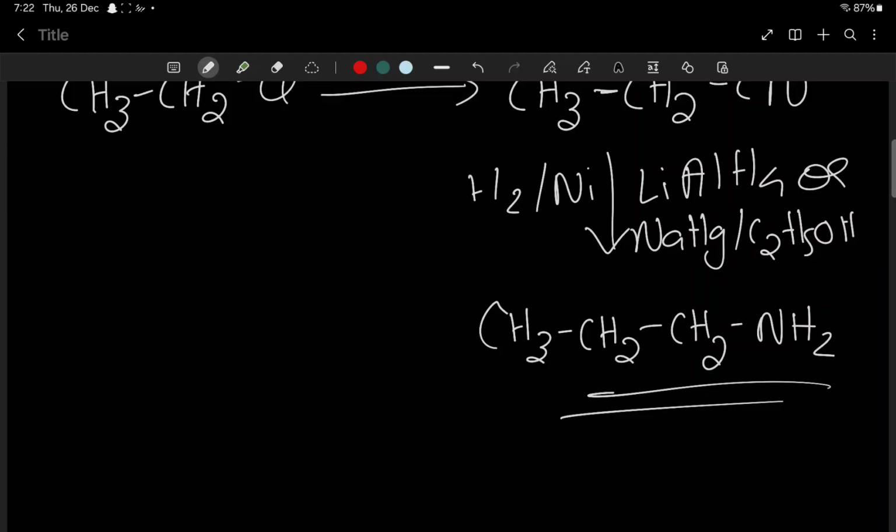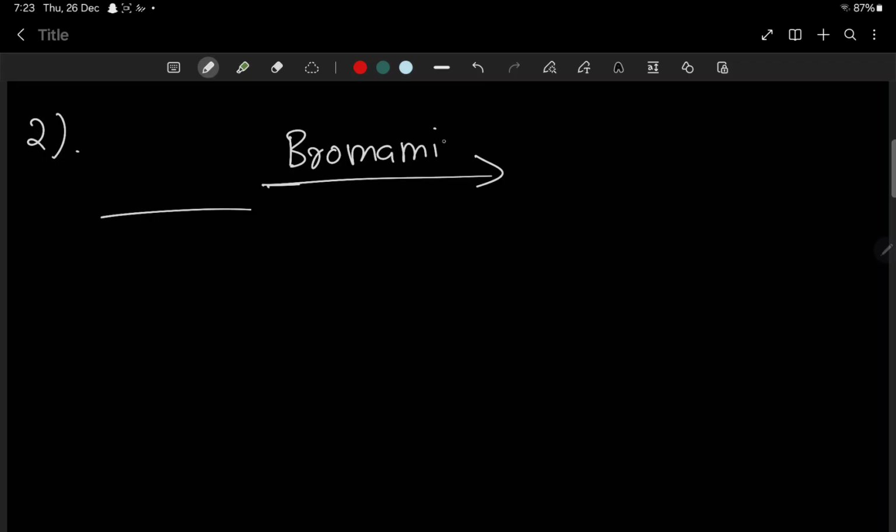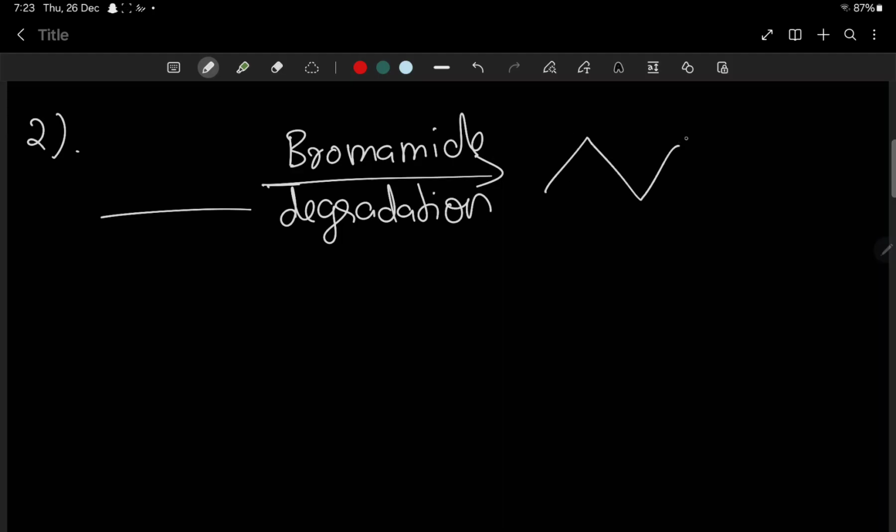Now the next question, 2. Not convert. This is a complete-the-reaction question. Something is there, then Hofmann bromamide degradation happens, and we got propanamine as the product.